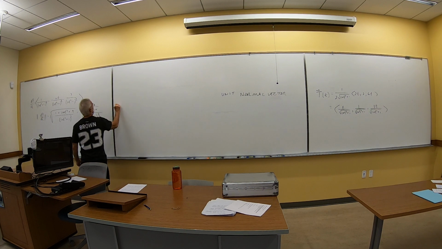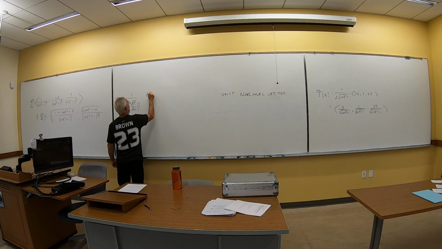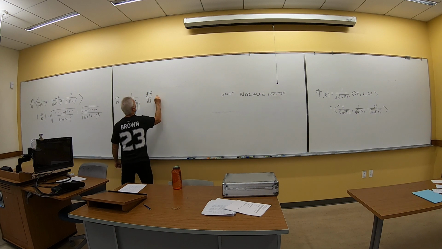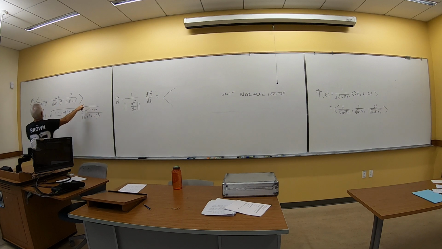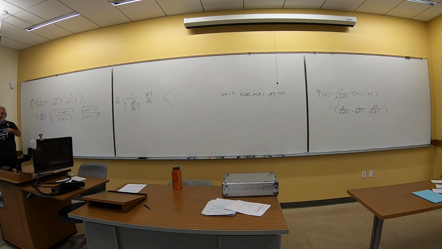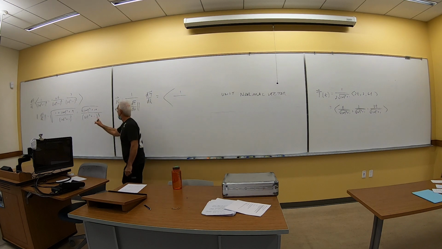So how do I get the unit normal? It's 1 over the magnitude, this guy right here, times dT/dt. So if I take the reciprocal of this guy, all of these guys are going to cancel, aren't they? Does everyone see that? All of your 10t squared plus 1 to the 3/2 terms, every one of them is going to cancel. That's a good thing. And what does that leave me with? That leaves me with 1 over the numerator.